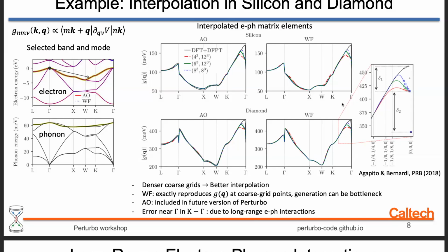The treatment of the coupling, especially at this point where there are longer range interactions, does improve as you include more coarse K points, because that effectively means you have longer range real space grids. We'll talk more about more efficient methods to treat the longer range interactions. But the takeaway here is that even with fairly sparse coarse grids, you can accurately interpolate the electron phonon interaction.